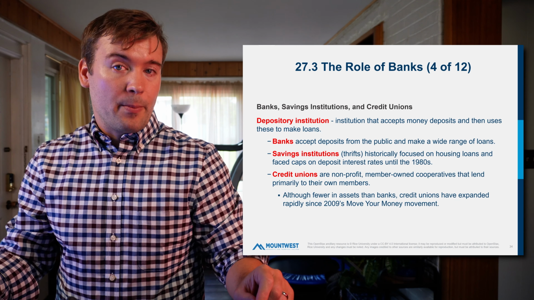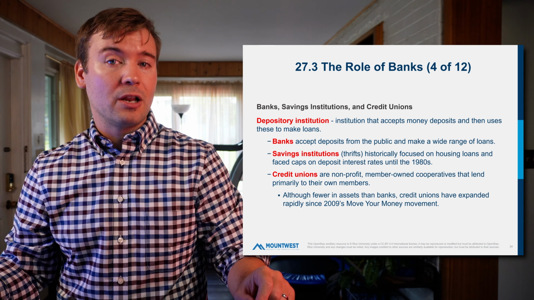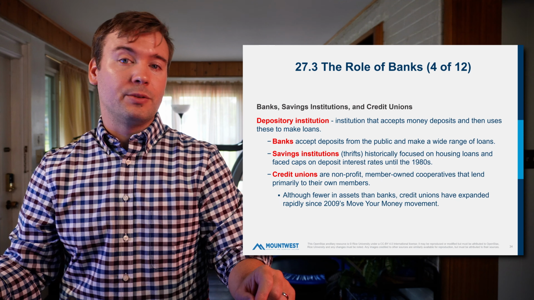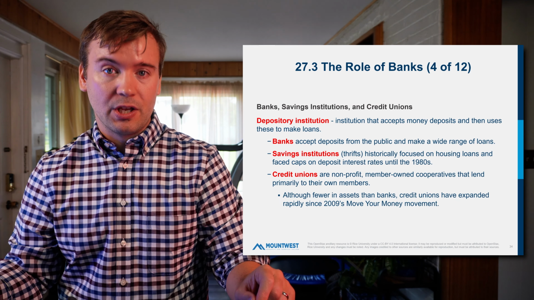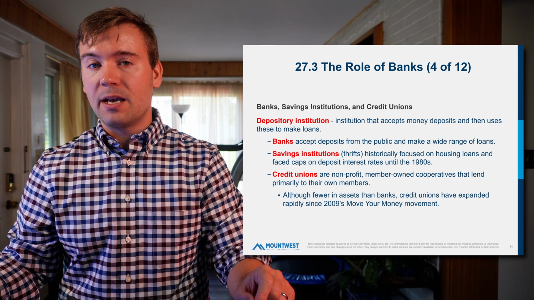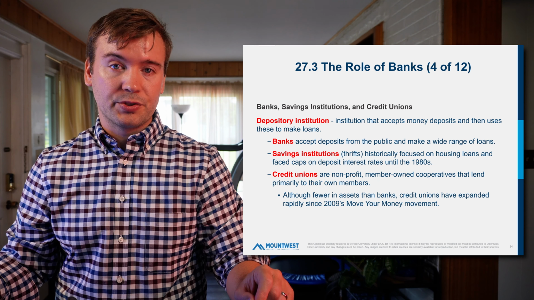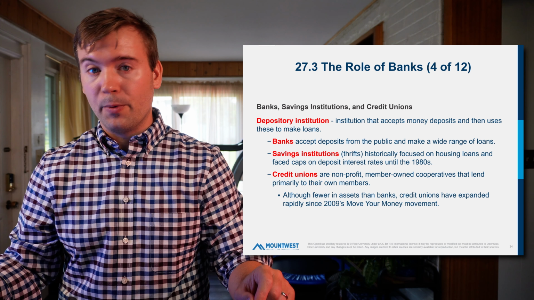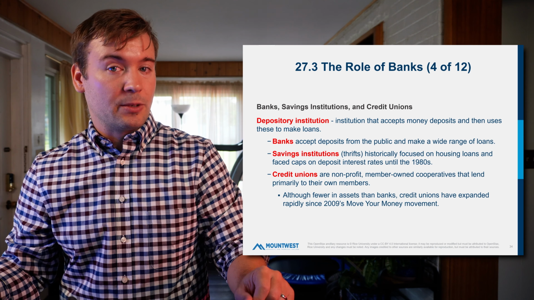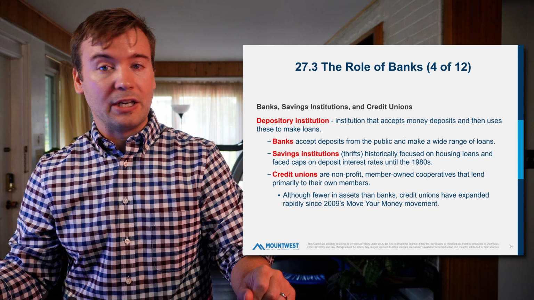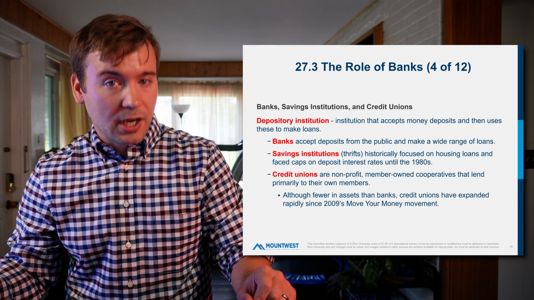When we talk about banks, it's helpful to understand that they're part of a broader category called depository institutions. These are institutions that accept money deposits and then use those deposits to make loans. While commercial banks are perhaps the most common type, accepting deposits from the general public and making wide ranges of loans, they also have close cousins.